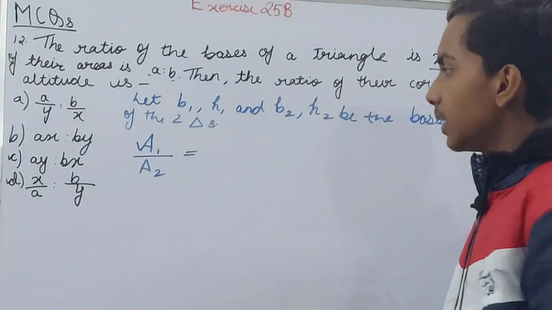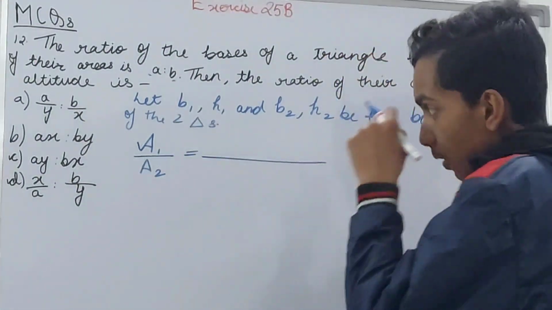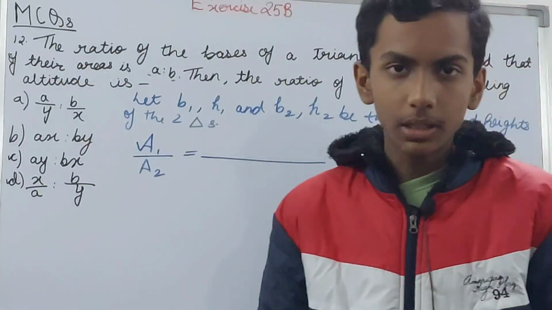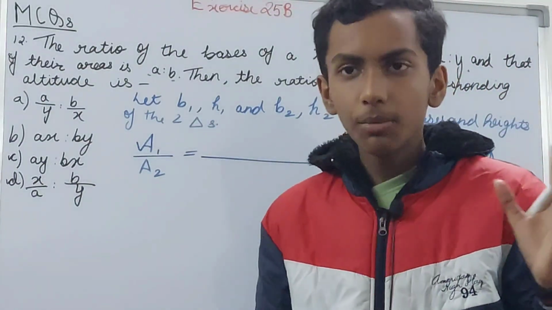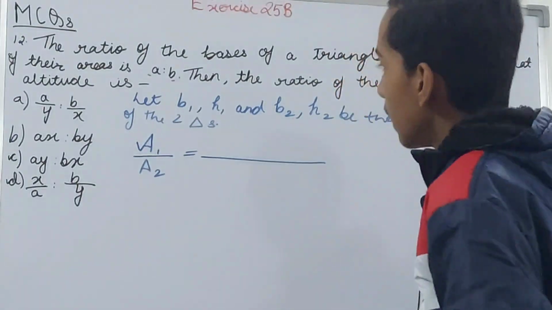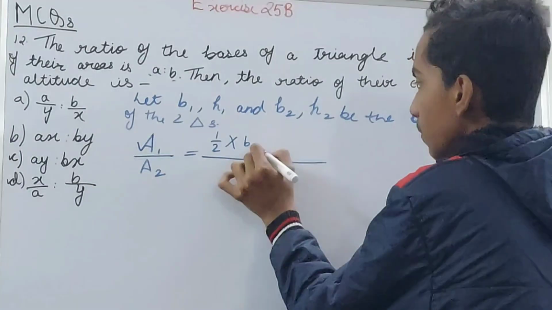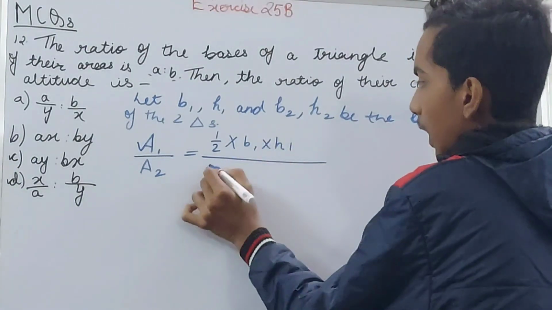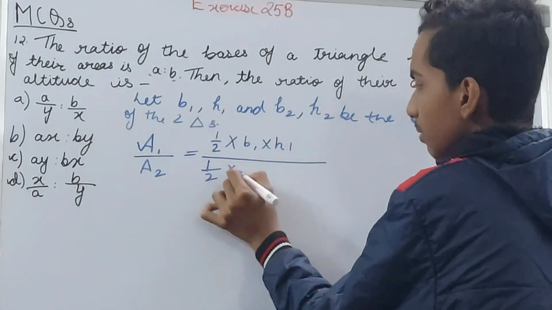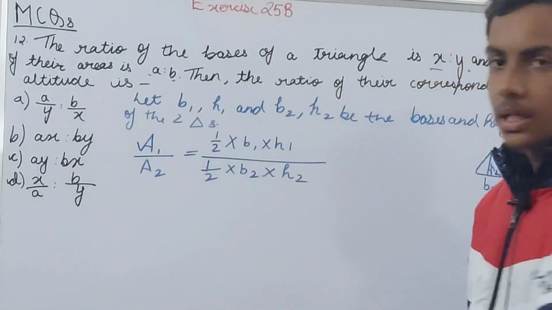Now calculate the formula for area. We know the area of a triangle is half base into height. We will not use any other formula because we have base and height here. So the area of the first triangle is 1 by 2 into b1 into h1. For the second one this will be 1 by 2 into b2 into h2.